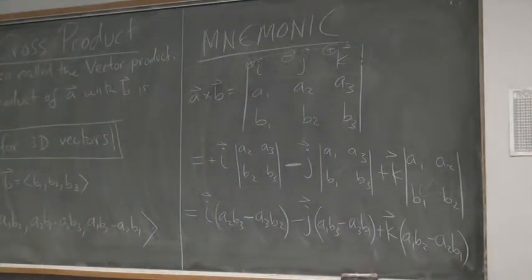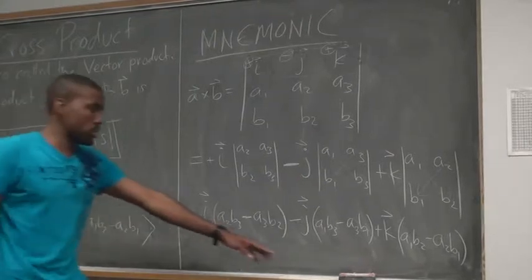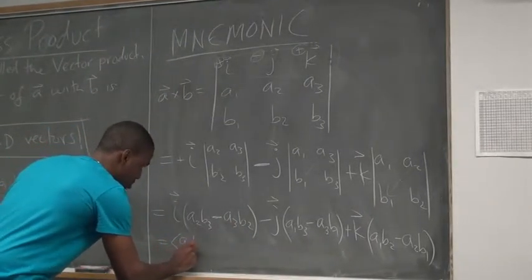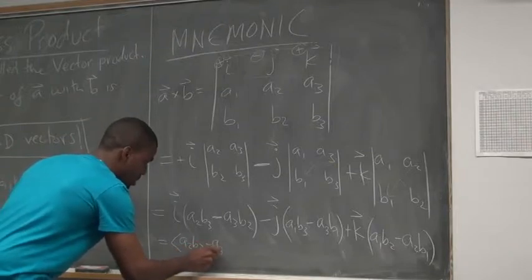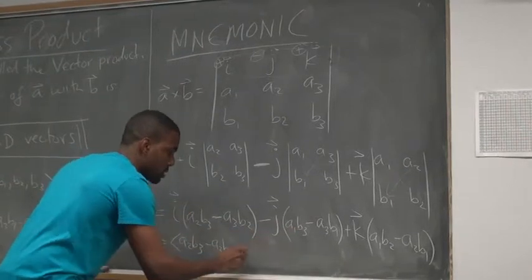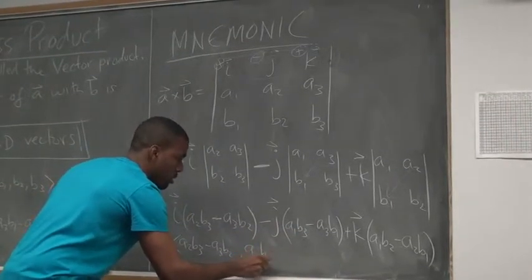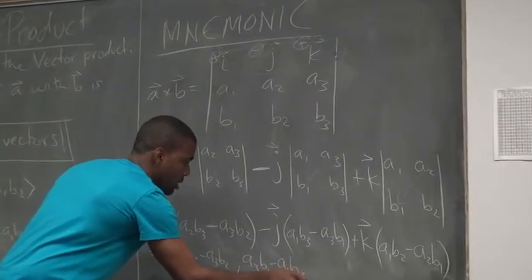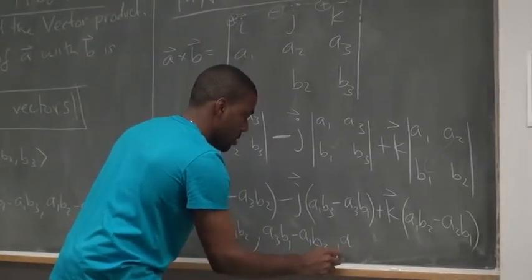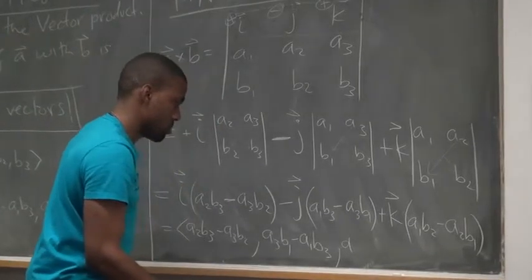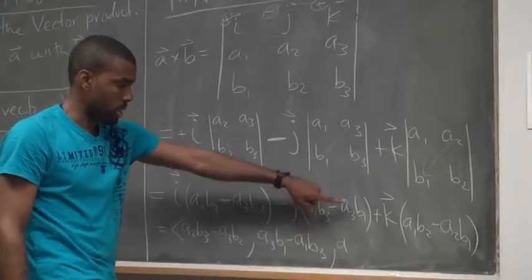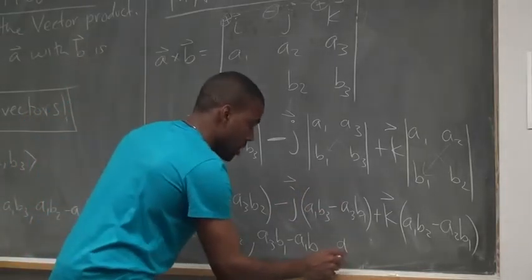You'll notice you get a vector in IJK notation, which you could, if you like, write in this notation. It's going to be equivalent. A2, B3 minus A3, B2, comma, then the negative of this, so I can switch them: A3, B1 minus A1, B3, comma. Where you're switching the signs, because the negative sign was up here. So I made this one negative, and that one positive.